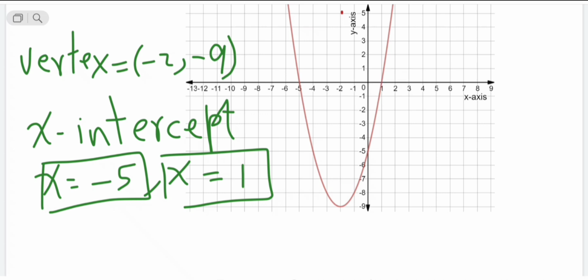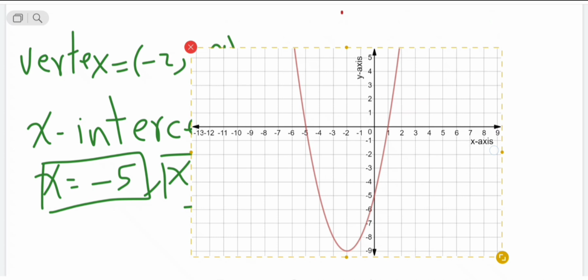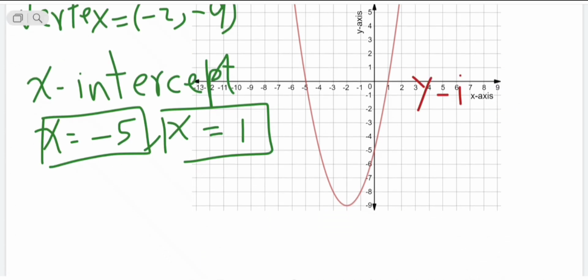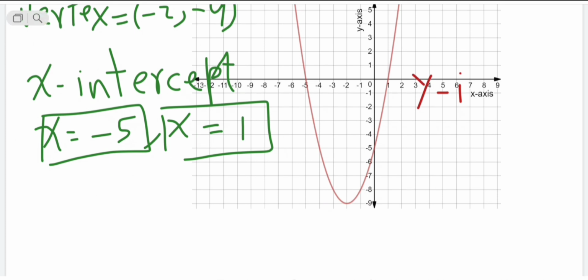Now y-intercept. Y-intercept is where this graph line crosses the y-axis.